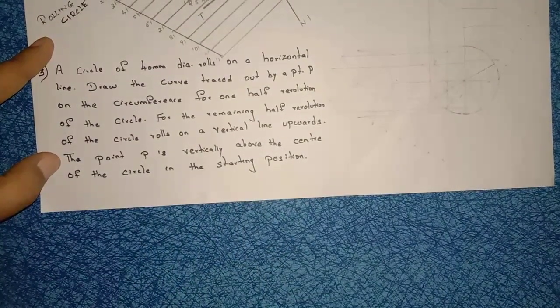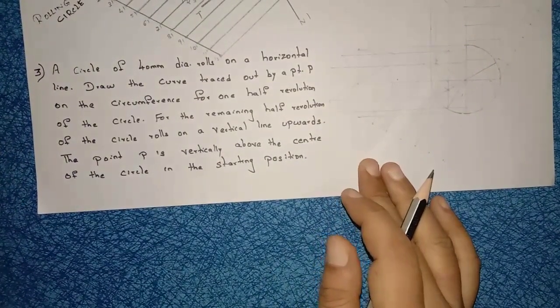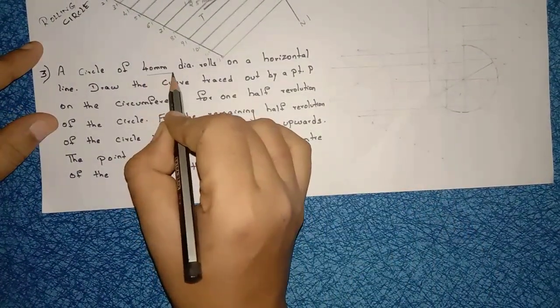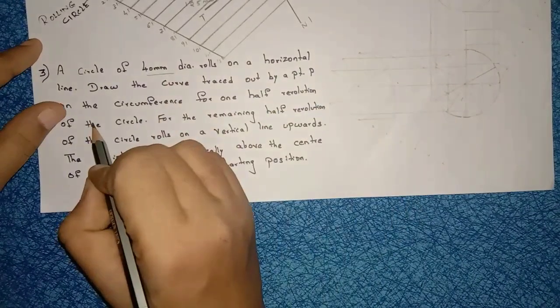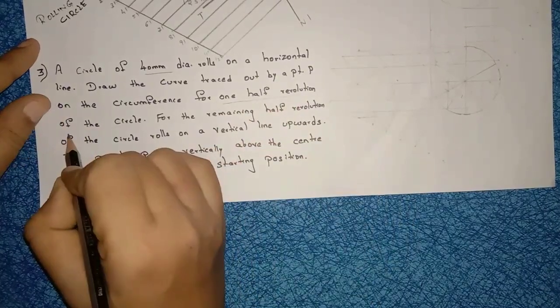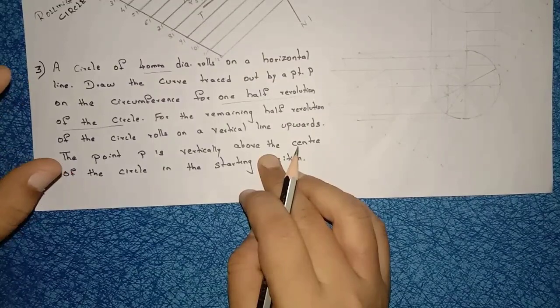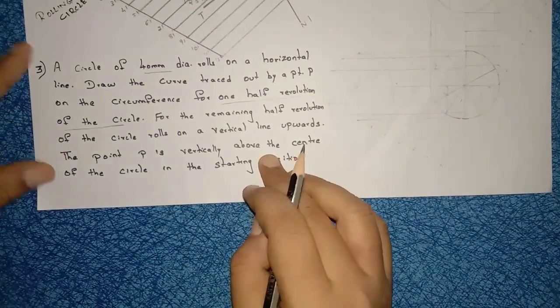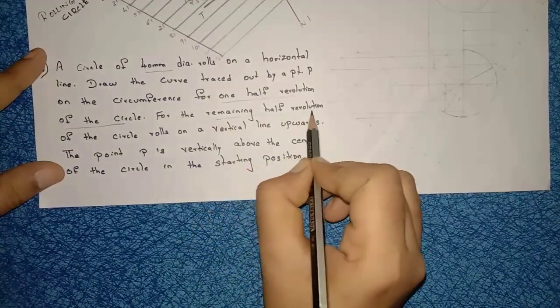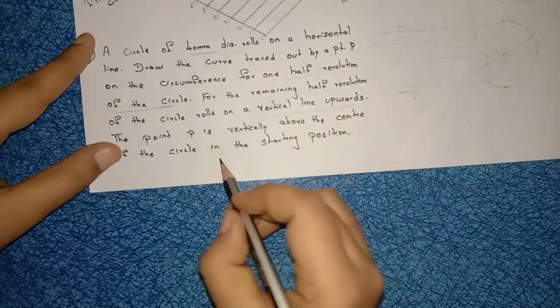Now see, they mention one condition here. The circle rolls along a horizontal line for only half a revolution, and for the remaining half revolution it rolls on a vertical line upwards.